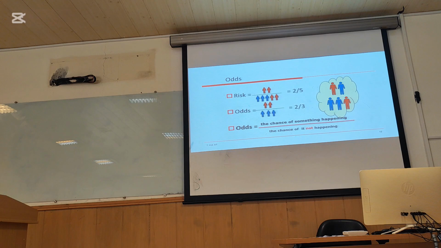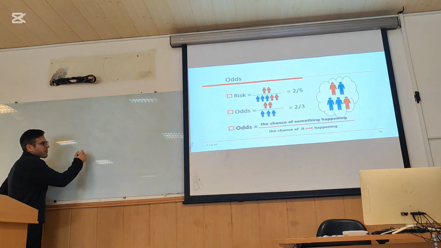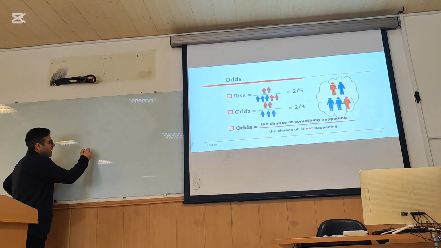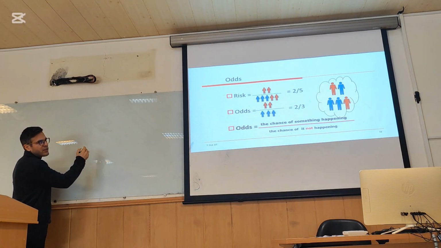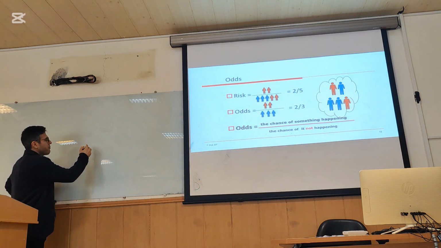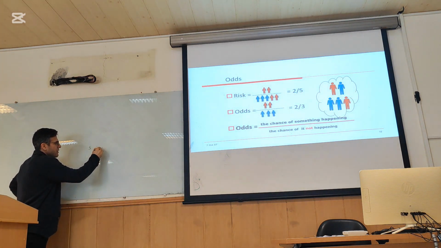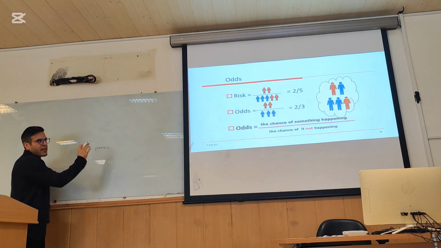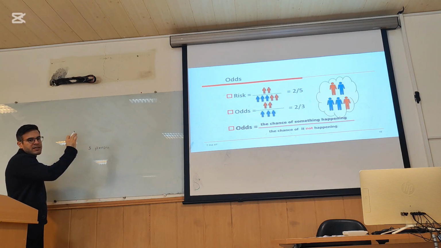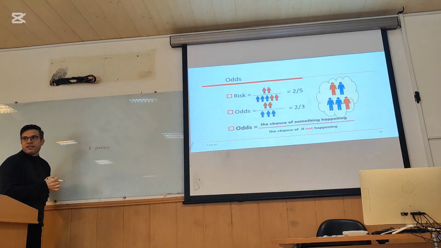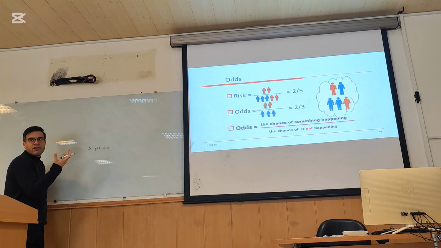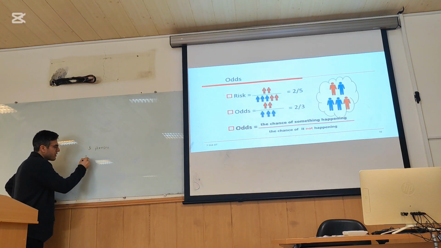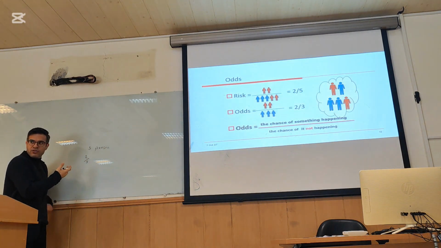For example, we have a population that includes 5 people. What is the probability of this happening? The probability is 2 divided by 5. Do you agree? That's the risk.